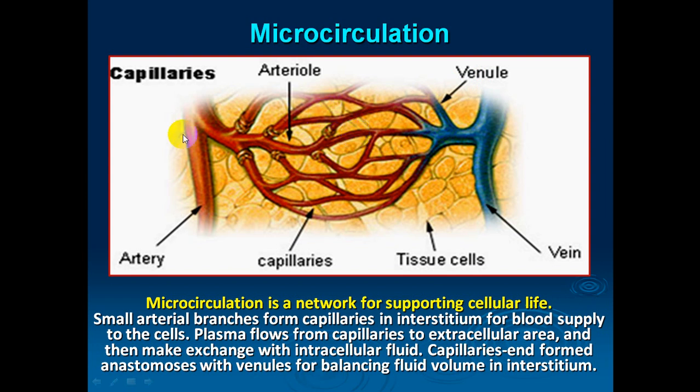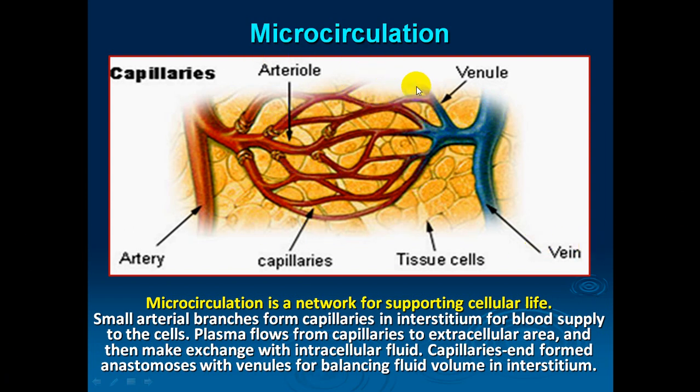So blood from the artery that is rich in nutrients and oxygen will be transported into the extracellular area, and then the cellular waste and carbon dioxide will be absorbed by venules, and those waste products and carbon dioxide will be taken by the veins to the heart through the vena cava.